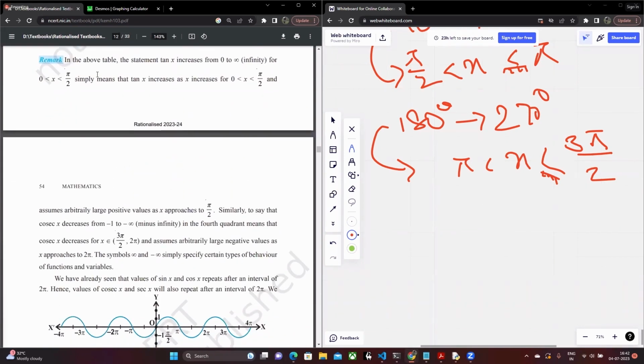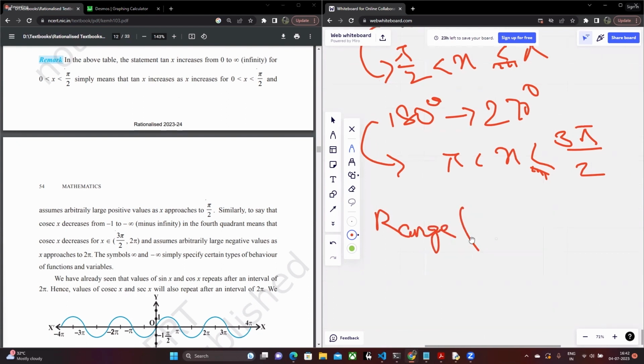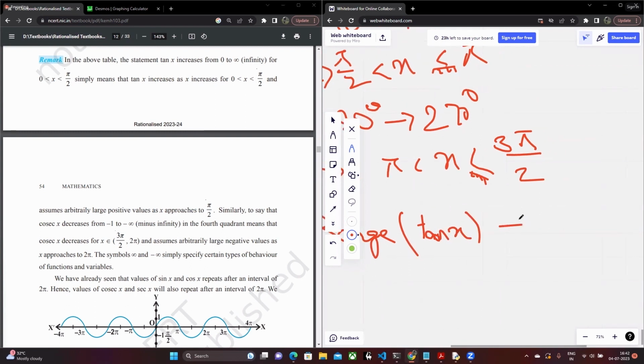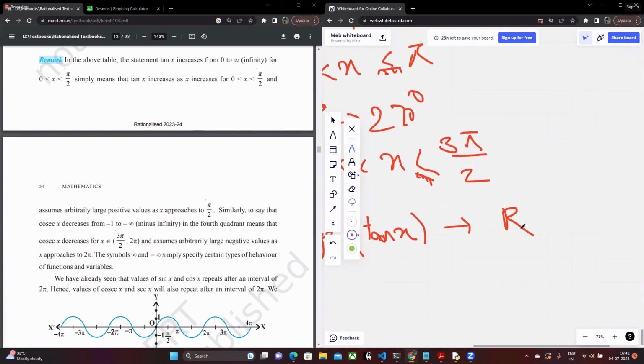And remember that tan x increases from 0 to infinity. The range of tan x, this is a very crucial remark, I have to say, is basically the real numbers.